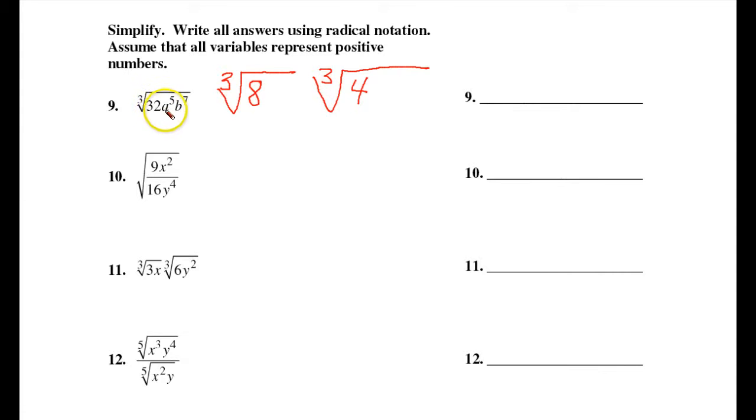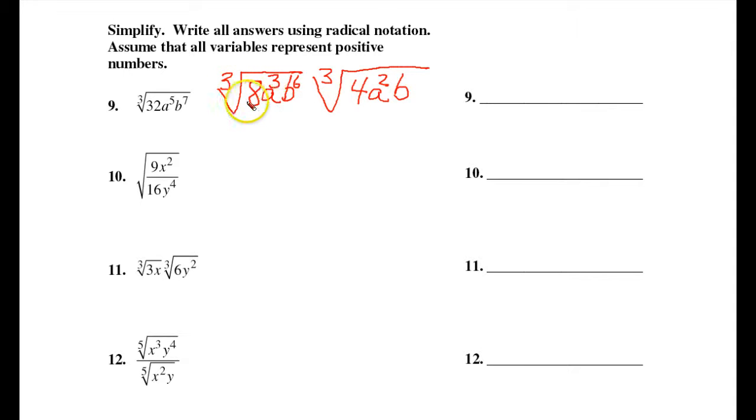Now a perfect cube out of a to the 5th would be a to the 3rd, and the part that's left over would be a to the 2nd. And b to the 6th would be a perfect cube, and there would be a b left over. So you've divided the radicand up into factors.